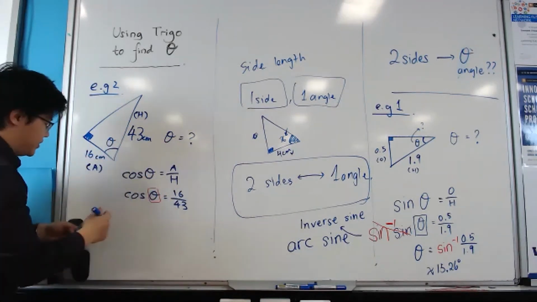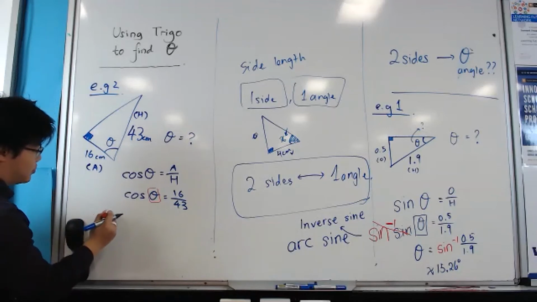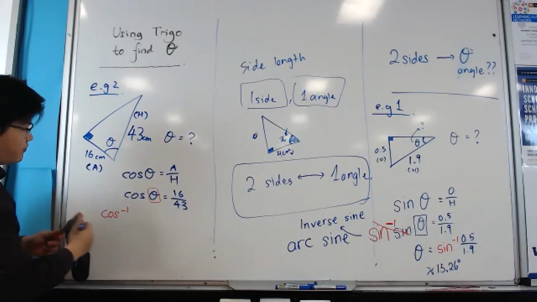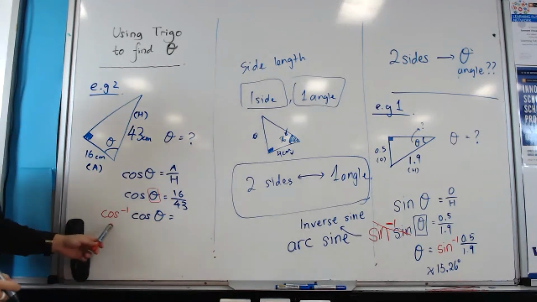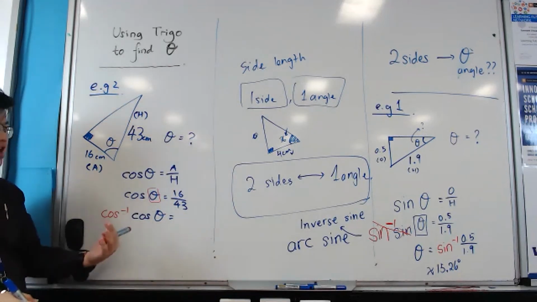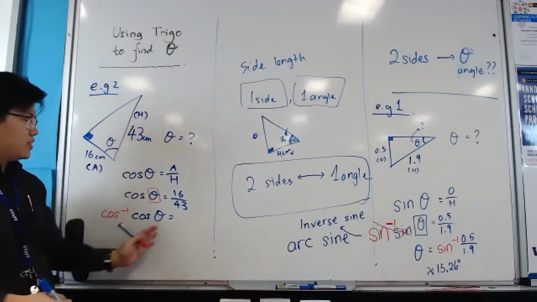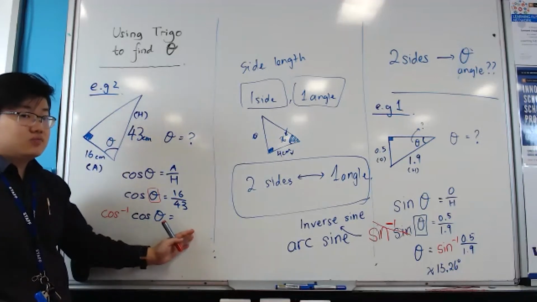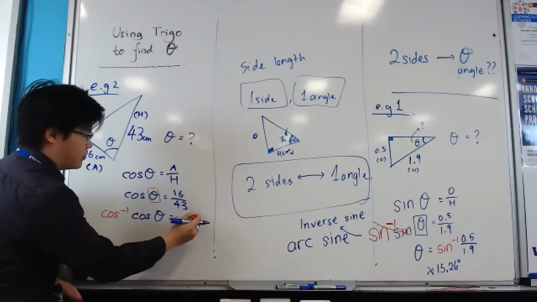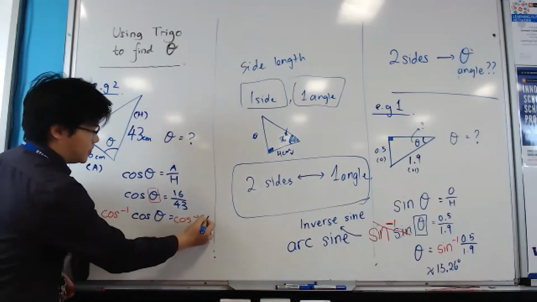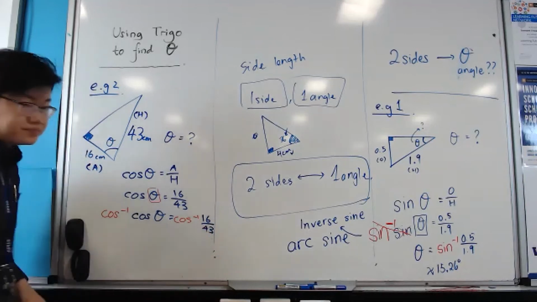So you put arc cos in front of cos on the left-hand side, and that will get rid of cos. What do you have to put on the right-hand side? You have to do the same thing. You put an arc cos on the right-hand side, and then 16 over 43.